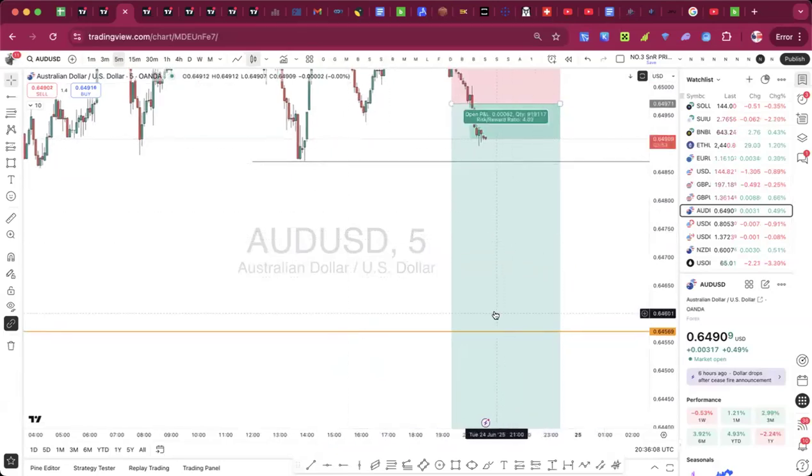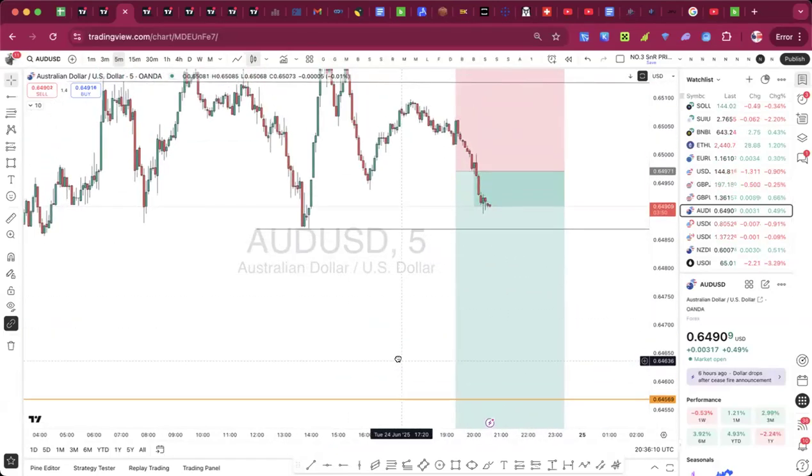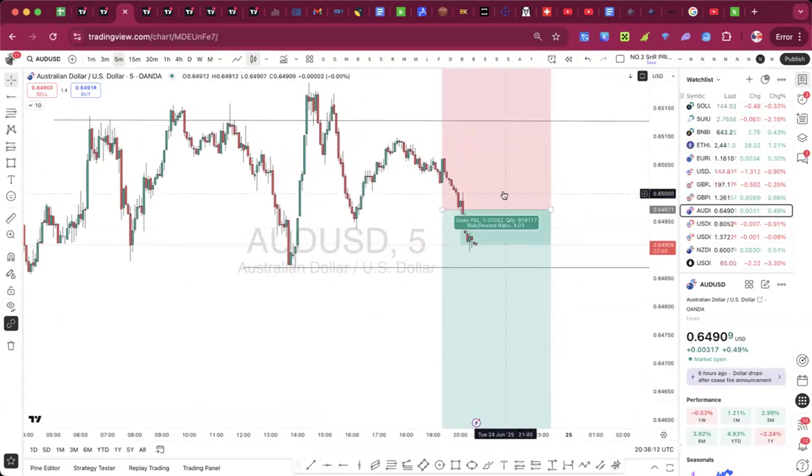That's where you are adding again. So there are two ways of adding: a pullback and rejection here, you are adding. Or it breaks below this point, at which point you're already in profit ordinarily, so you wait for a pullback to that point and rejection, then you add more positions.